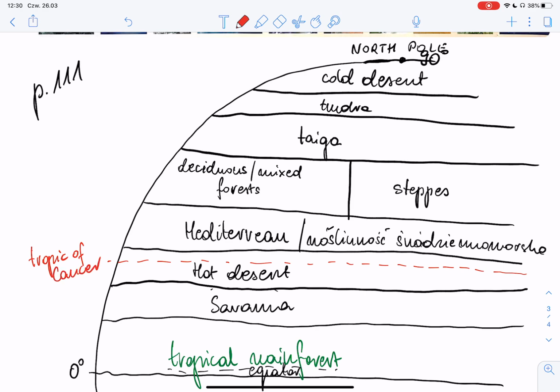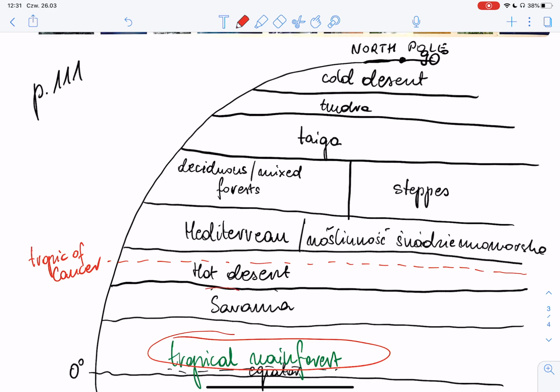And around the tropics, hot deserts actually developed, because it turns out that here in the tropical rainforest it's very humid. There is plenty of water, so it's very warm, but life has perfect conditions to thrive.